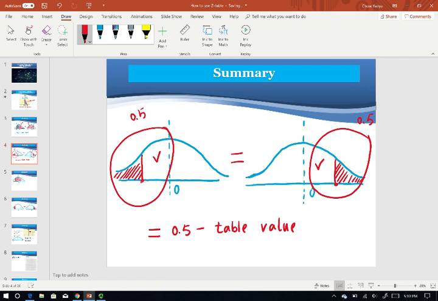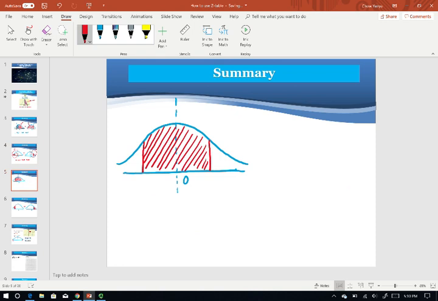And sometimes we may be interested in the probability between two numbers. So if you draw a picture like this, from a negative number to a positive number, this is the table value according to this z-score, and this area is also the table value according to this z-score.